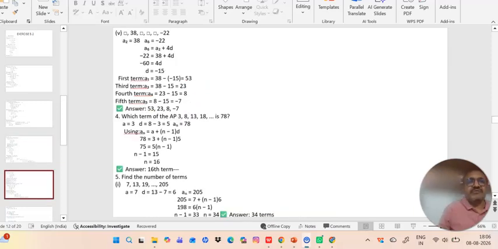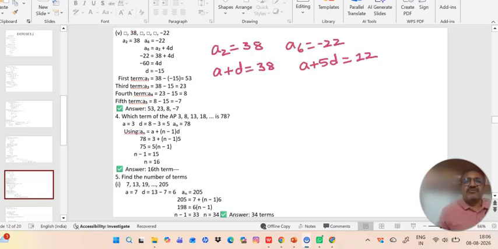So we can do the same sum in another method. a2 is given, so see, a2 is equal to 38 given, and a6 is equal to minus 22. Now a2 means a plus d is 38, and a6 means a plus 5d is equal to minus 22. This is equation 2. Okay.